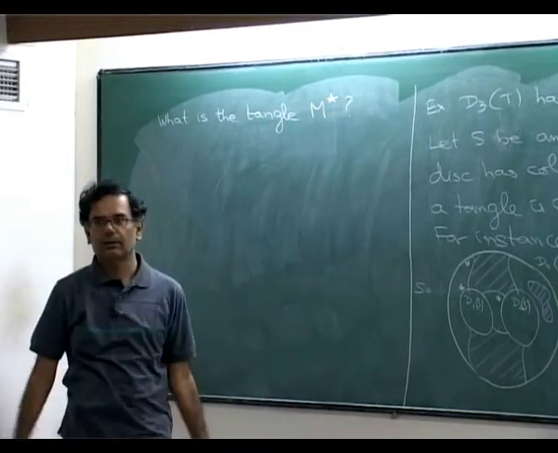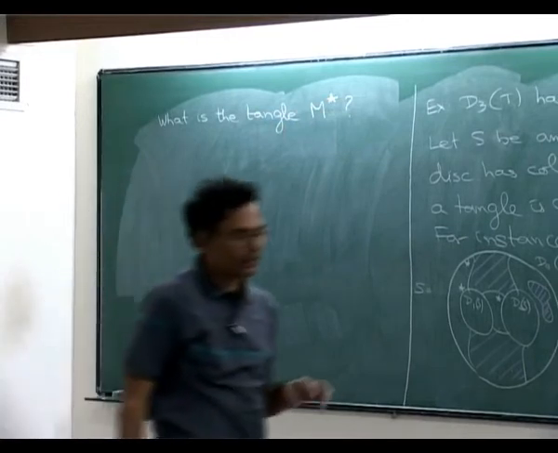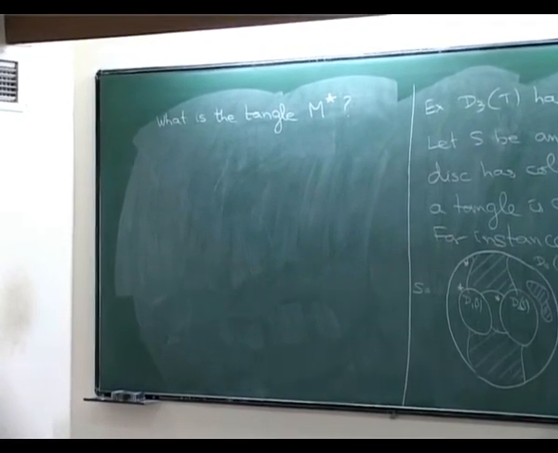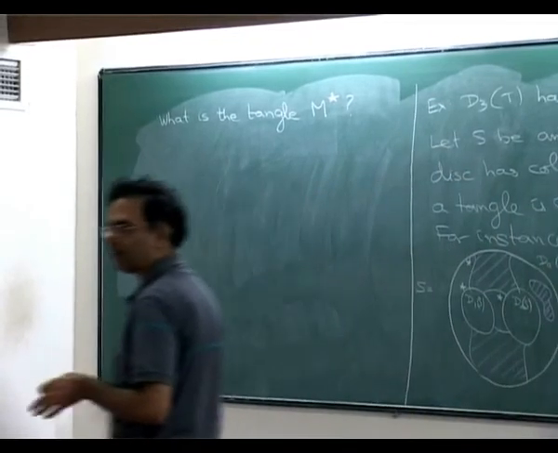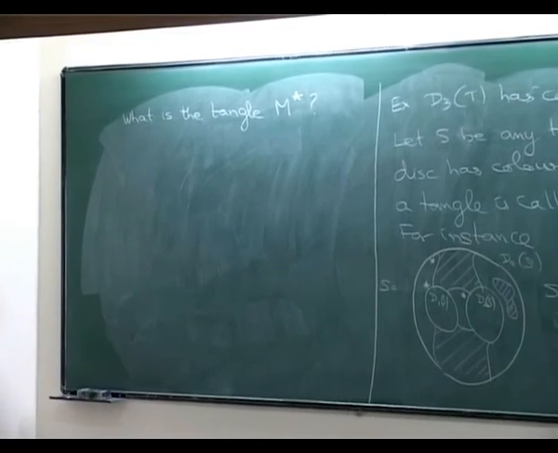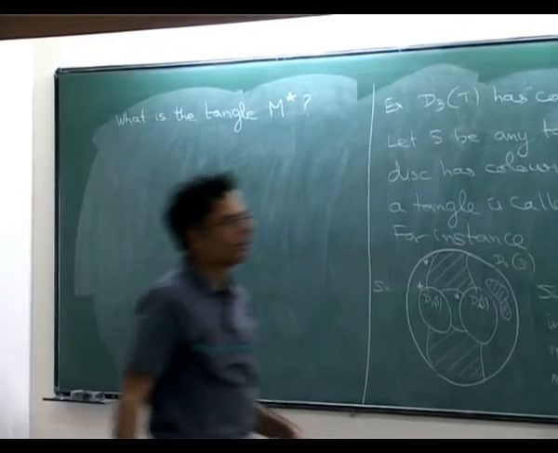Just by definition, M star is obtained from M by applying an orientation reversing diffeomorphism of the plane. For example, reflection. You could take reflection along any line, that is an orientation reversing diffeomorphism, and apply it.